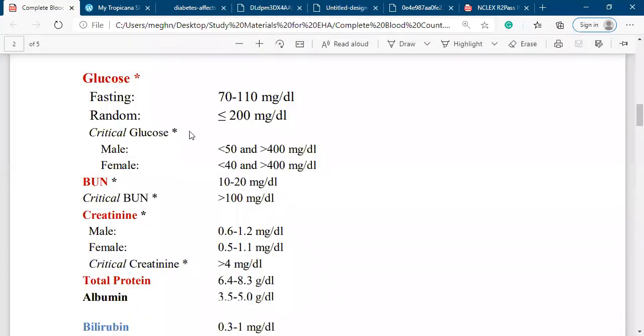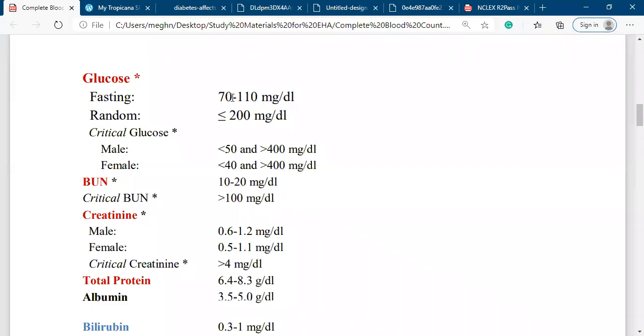So this is the normal blood glucose. This blood glucose will be altered, maybe hypoglycemia when less than 70 or hyperglycemia when more than 110, due to insufficiency of insulin production by the pancreas or insulin resistant cells in the body.